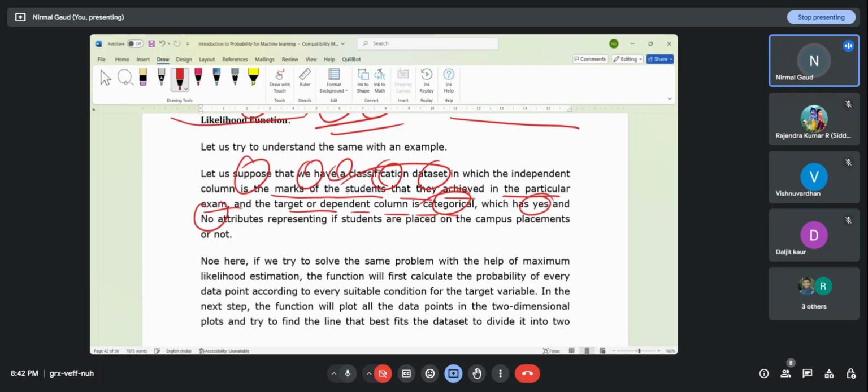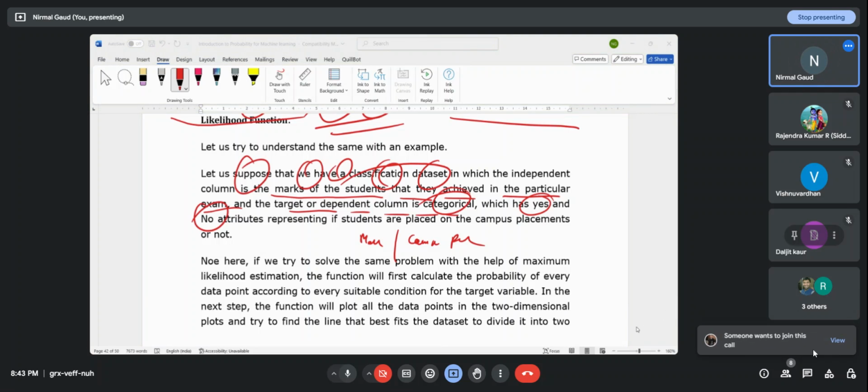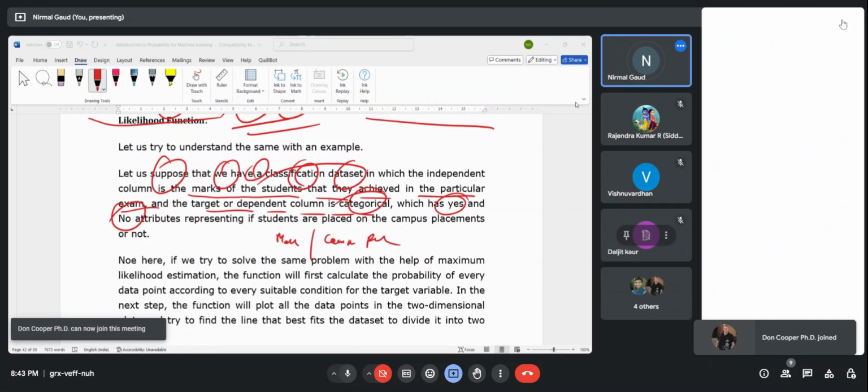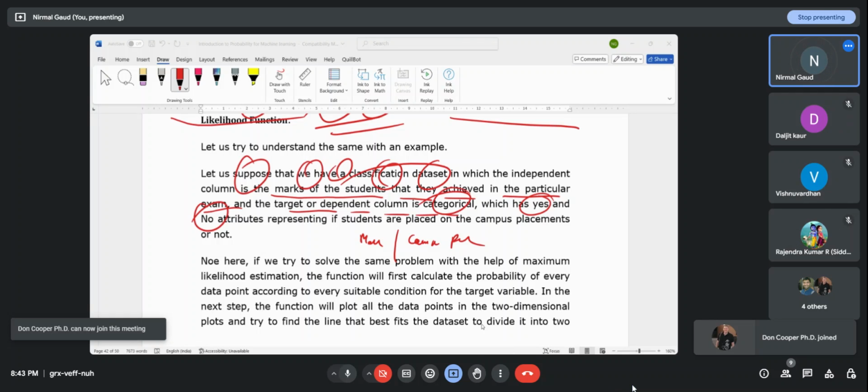Yes and no. So marks and the campus placement. How many marks the student achieved and whether the student was campus placed or not. So this is the data set given to us.